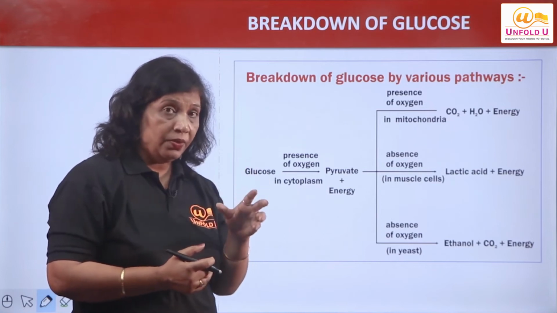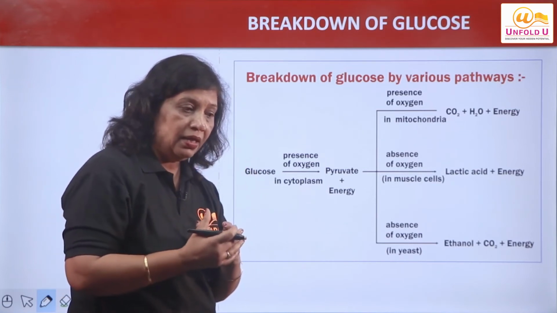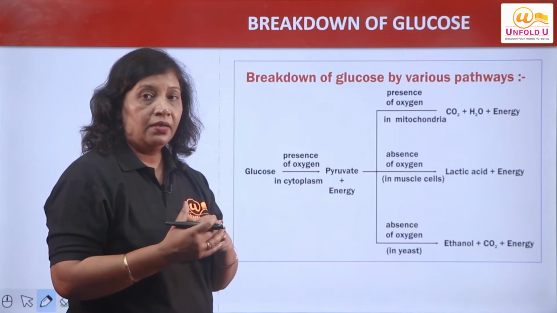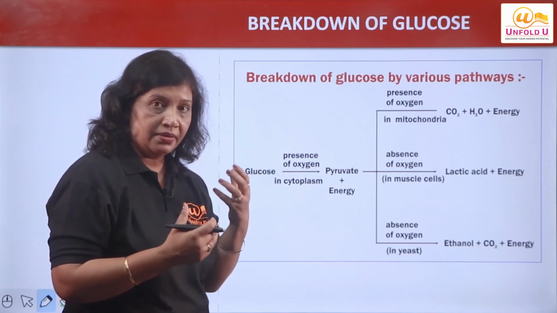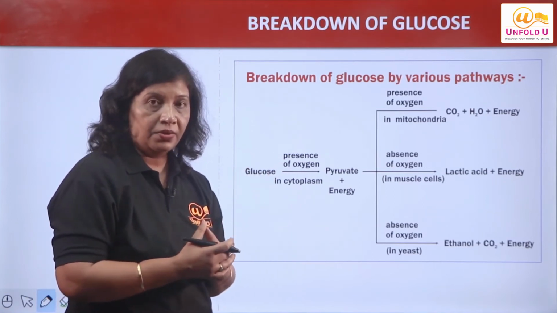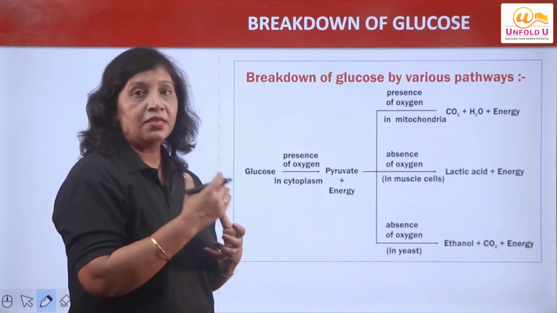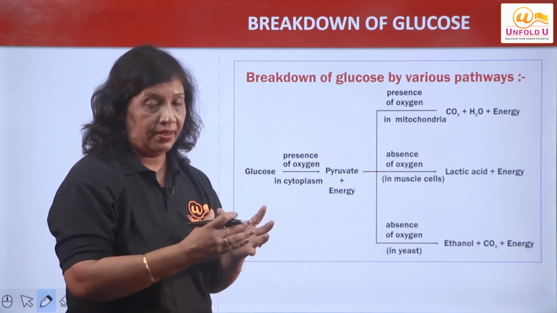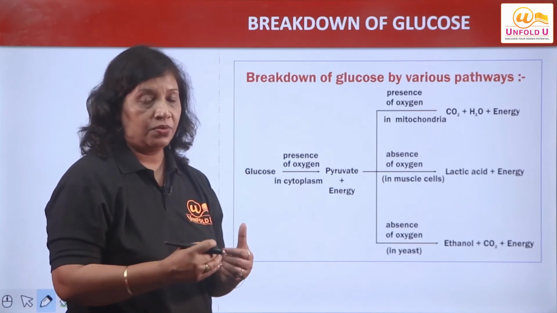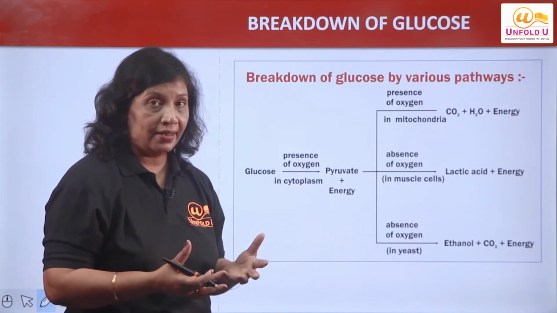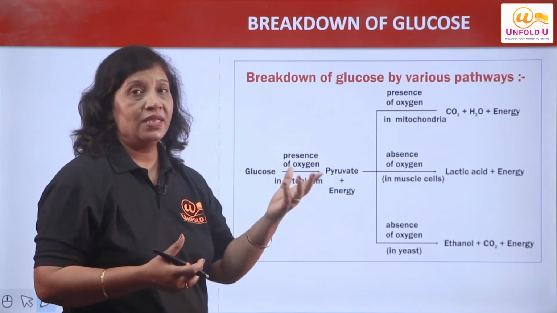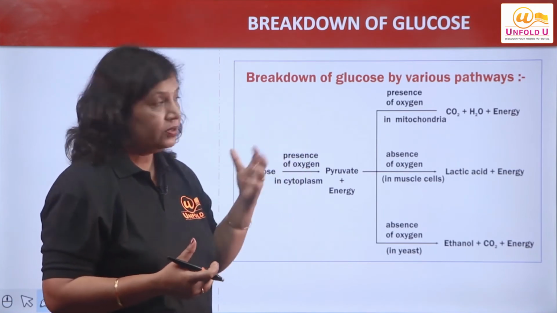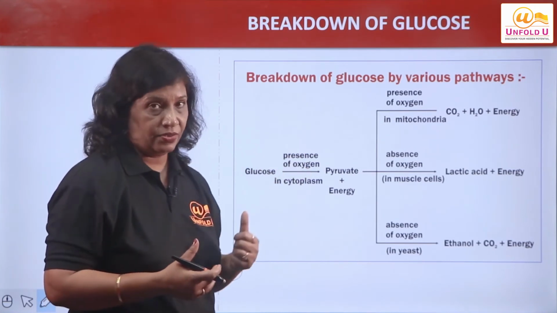In this anaerobic respiration ethyl alcohol is formed, and in this one lactic acid is formed. This process of anaerobic respiration is widely used in the baking industry where breads are formed, or in the brewing industry to prepare wine, whiskey, all these. So this is important in those industries, right?